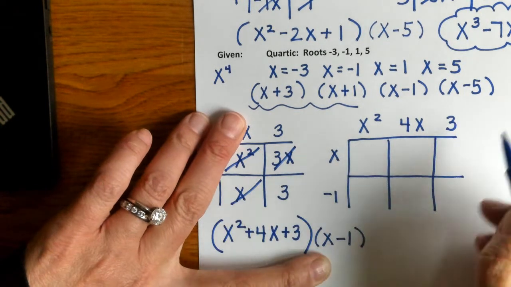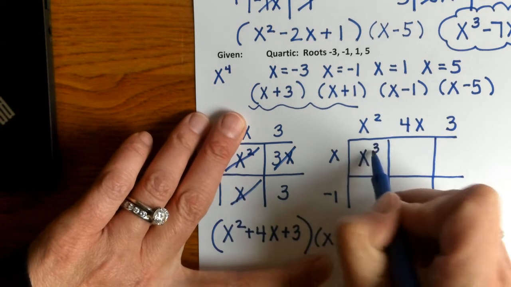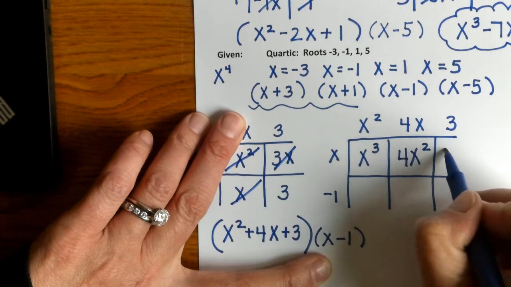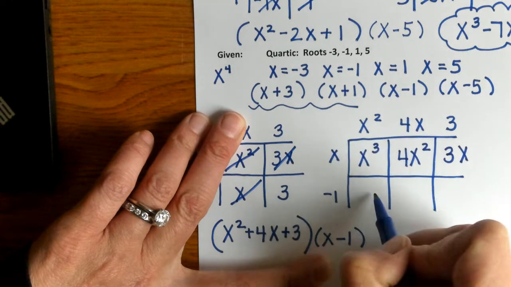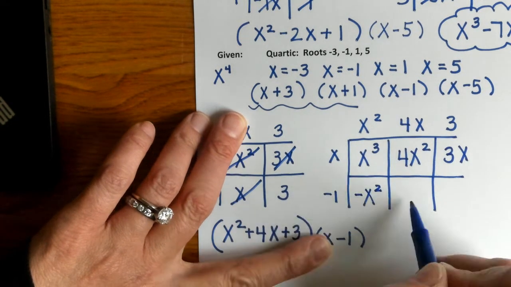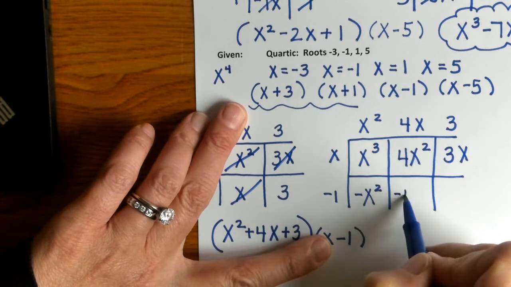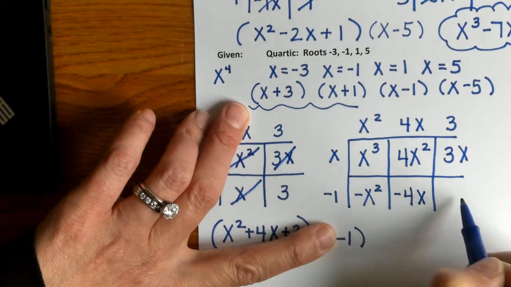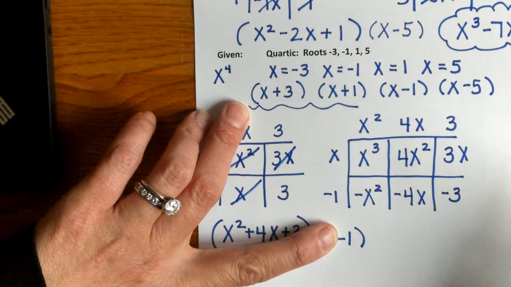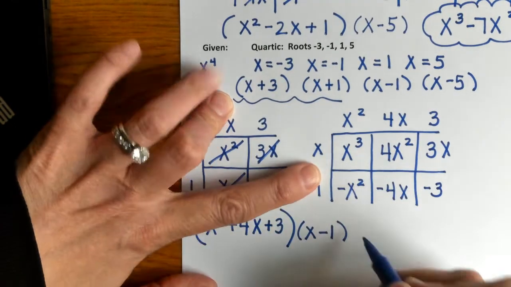X times x squared is x to the third. 4x times x is 4x squared. 3 times x is 3x. Negative 1 times x squared is negative x squared. Negative 1 times positive 4 is negative 4x. And negative 1 times positive 3 is negative 3. So, starting in the upper left-hand corner, I have x to the third.